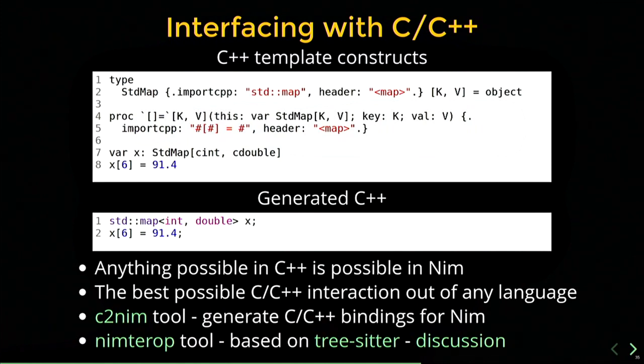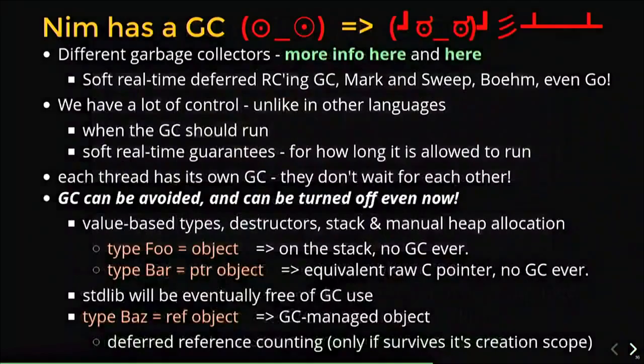So there are no intermediate layers because since one of the languages compiles to the other, bindings can be as optimal as they could be. And there are different tools which can automate the generation of bindings. One of them is C2NIM, and another is NIM2ROP. And if you're curious, again, all of these slides will be available at the end, and you can check out all the links if you're interested.